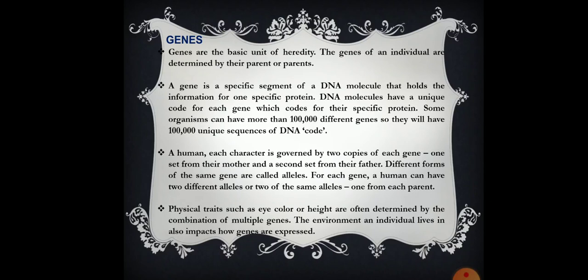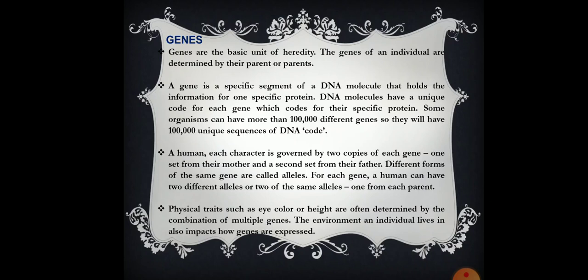Genes are the basic unit of heredity, and the genes of an individual are determined by their parents. That is to say, the genes encode some information for the translation into protein, and that protein in turn gives rise to a particular character, so that gets inherited from parent to their offspring.